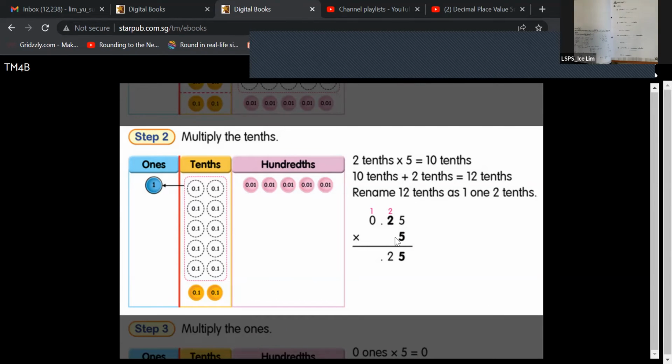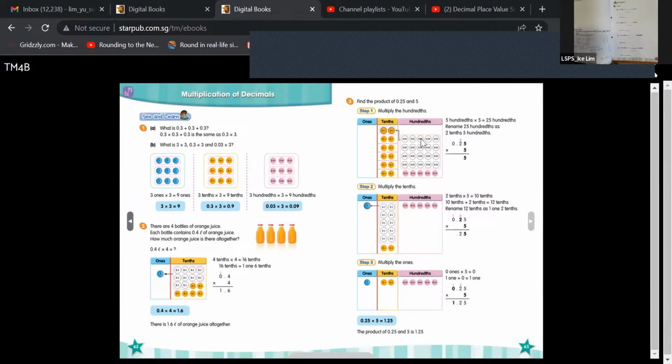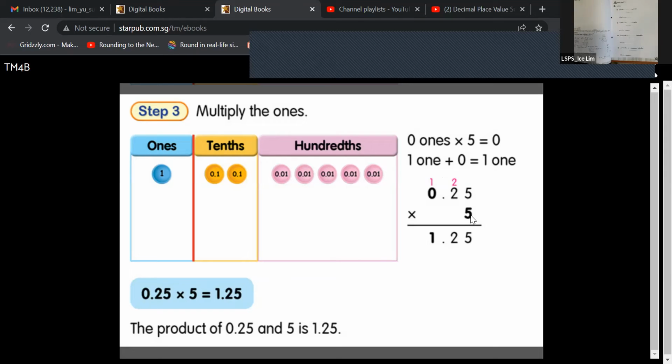Multiply at the tenths place, add the new tens, regroup the 12 tens to 1 and 2 tens. Do my last step, multiply the ones place. Do my regrouping as usual. The last thing, don't forget the decimal point. And then you get your answer.